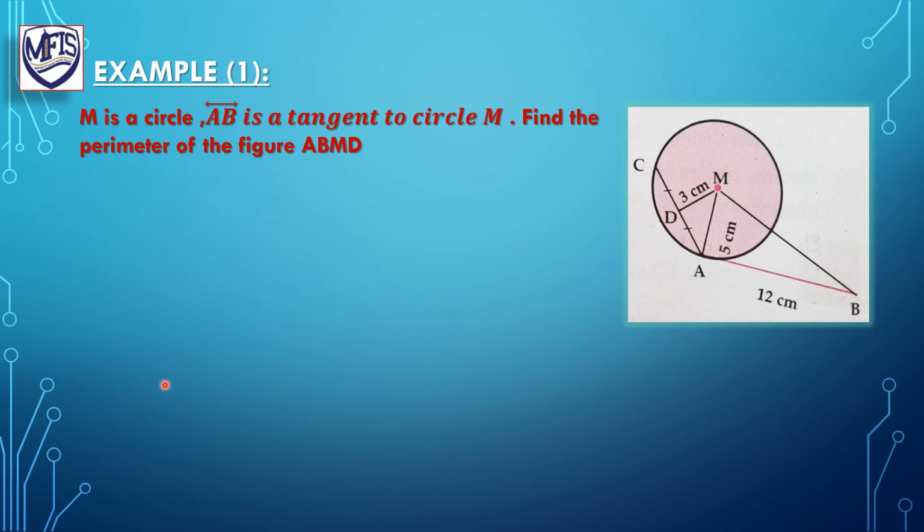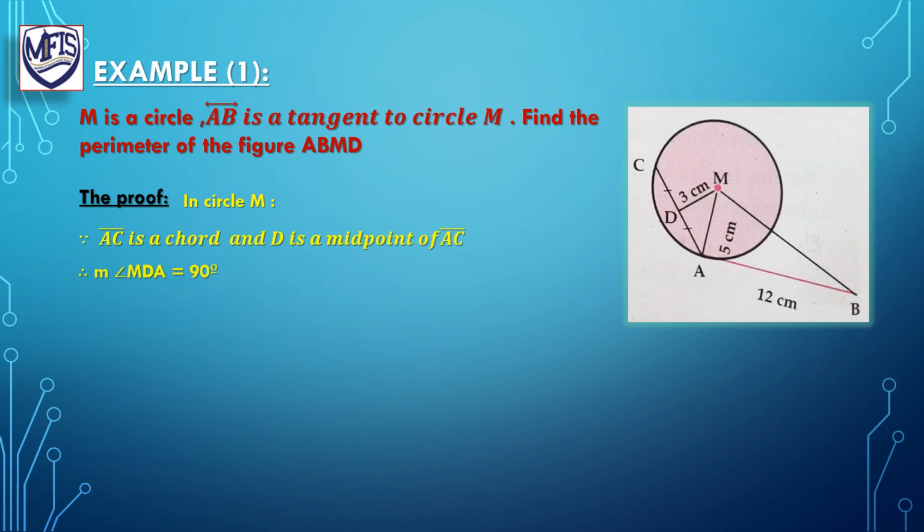Now let's see the steps. In circle M, AC is a chord and D is a midpoint of AC. Therefore, measure angle MDA equals 90 degrees. Therefore, triangle MAD is a right angled triangle. Now, the length of AD equals 4 cm.